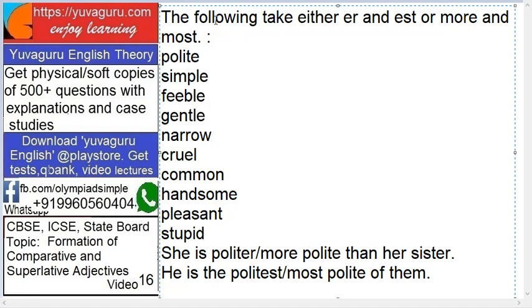See this, how? The following take either ER or EST, or more and most, means any of these two can work on these following words. Like, see this, polite. Polite can be politer, politest, comparative and superlative, or it can be more polite, most polite.